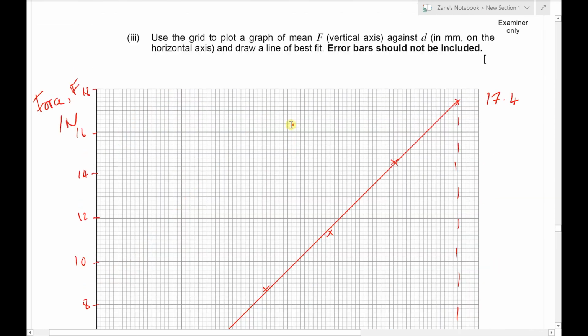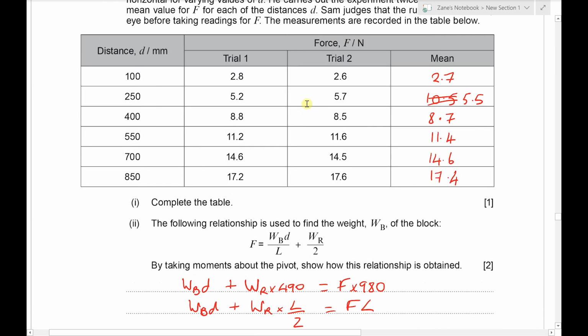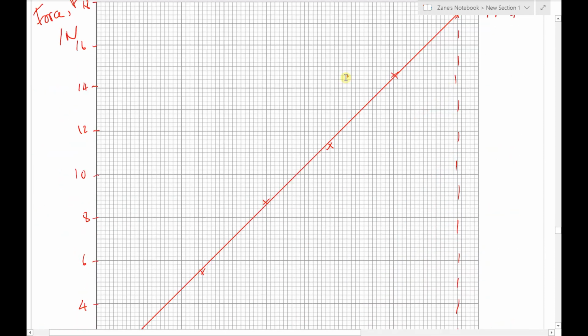To find a percentage uncertainty in F, we're going to do the same sort of calculation. We go back to the table. We can see that the mean value of F at 100 millimeters was 2.7 newtons. The absolute uncertainty in F will be half the range. 2.8 take away 2.6 is 0.2, and half that is 0.1.